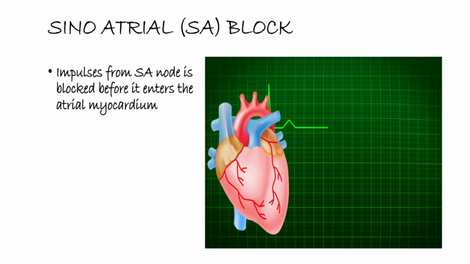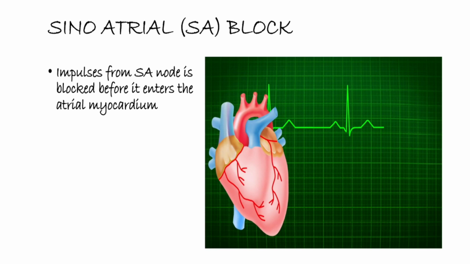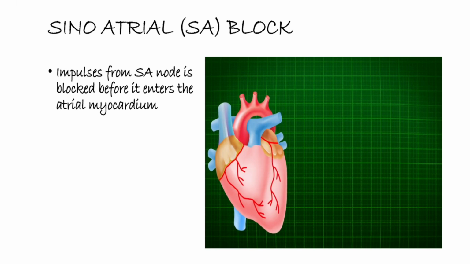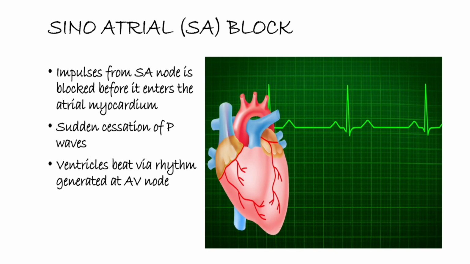Now the P wave ceases and the resultant atria comes to a standstill, you can say. But the ventricles, however, pick up a new rhythm, right? And the impulse usually generates spontaneously in the atrioventricular node.